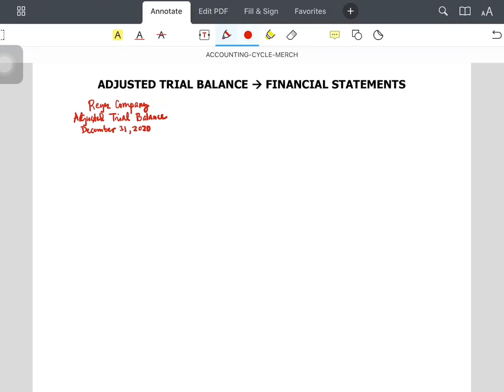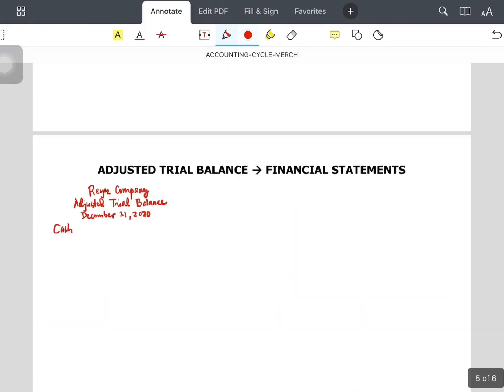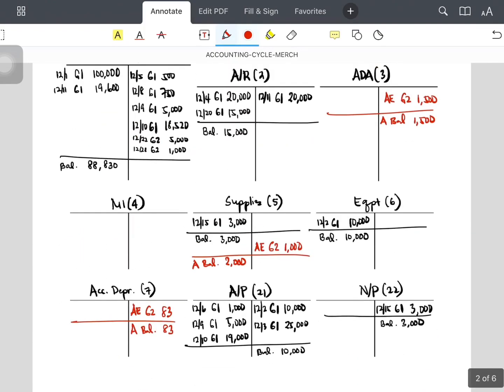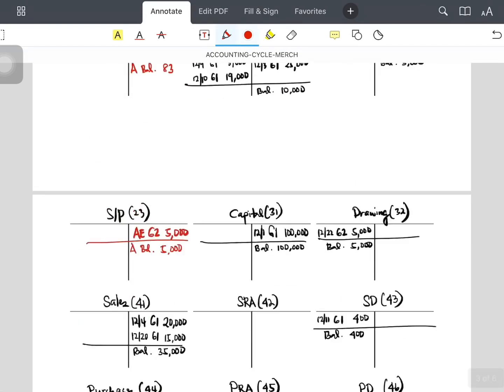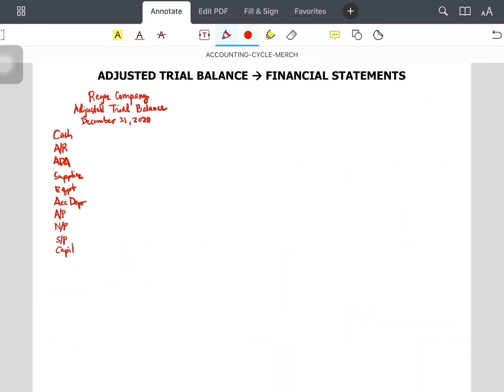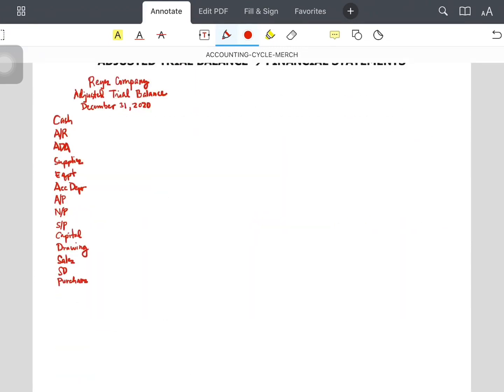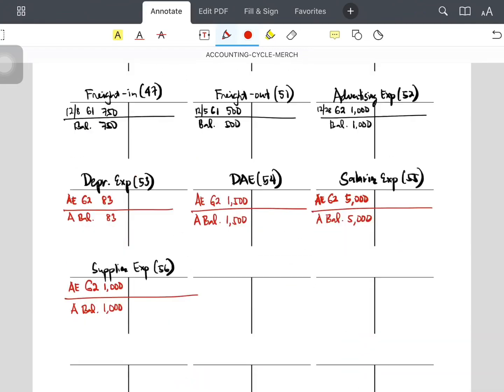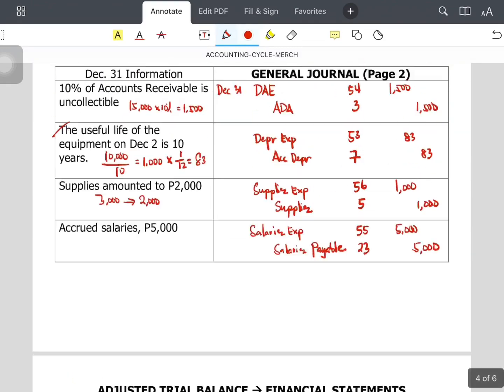Now we transfer our account titles, and then we get the amounts.